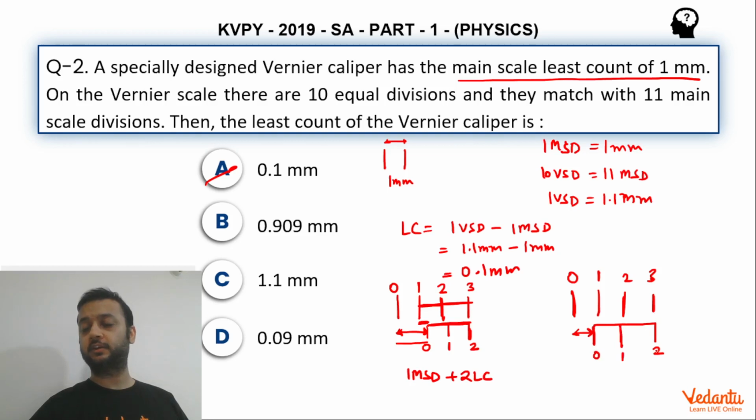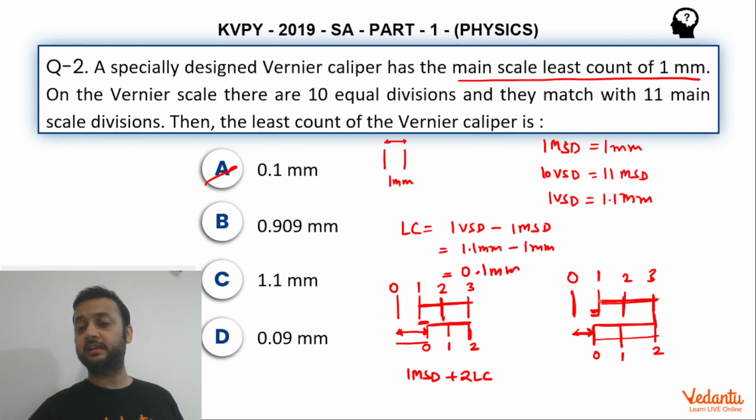You can see the second reading on the vernier scale is coinciding with the main scale. Now in this case again the main scale reading will be 1 and we will subtract the least count, because we have to measure this length, so this is what we have to subtract. You can see again, this is 2 VSD, and this is 2 MSD. So this length will be 2 VSD minus 2 MSD, and this much we will have to subtract.